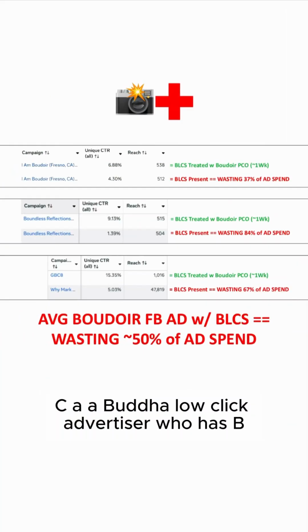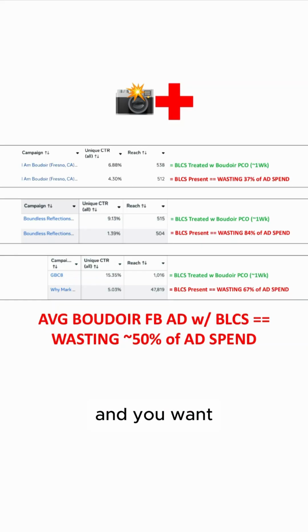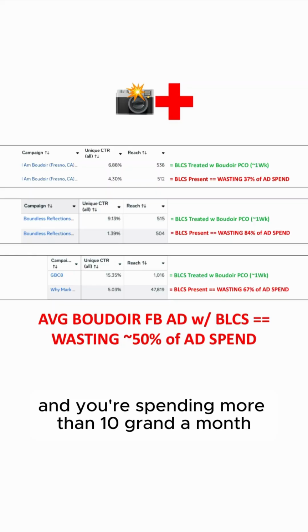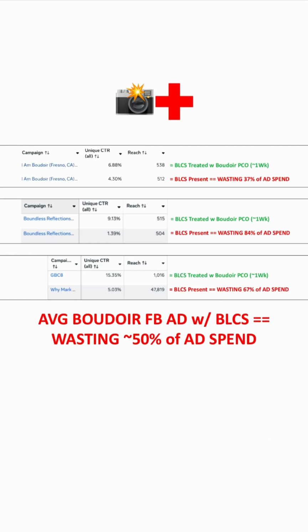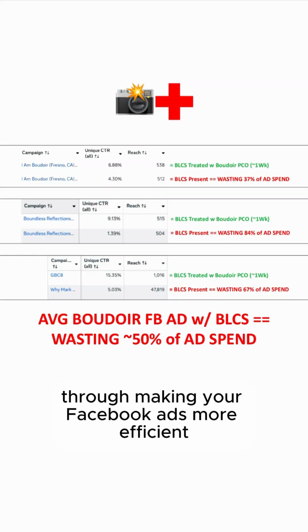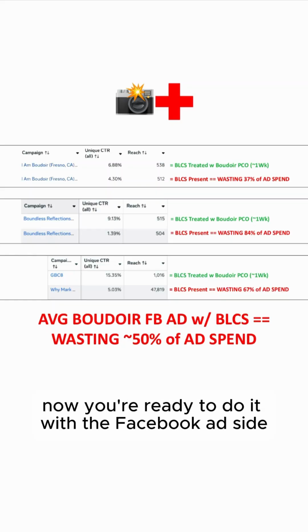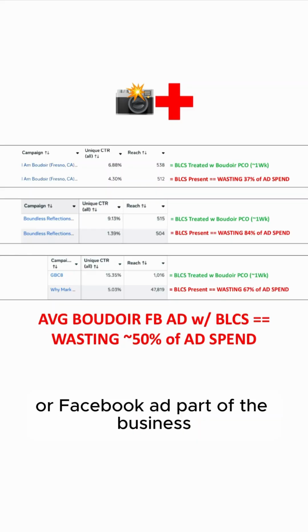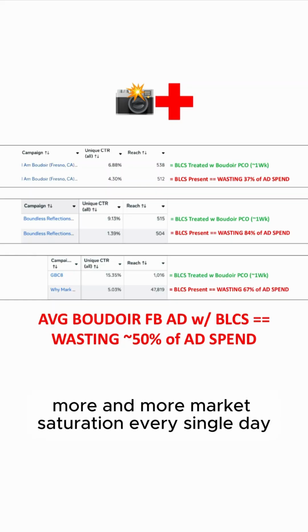If you're a BLCA, a Boudoir low click advertiser who has BLCS, the unique CTRL of your Boudoir Facebook ads is under 6%, and you're spending more than 10 grand a month on Boudoir Facebook ads, and you have decided that now you need to pull more efficiency, more profit out of your business through making your Boudoir Facebook ads more efficient, because you've already done it in other places in your business. Now you're ready to do it with the Facebook ad part of the business, and you're seeing more and more market saturation every single day.